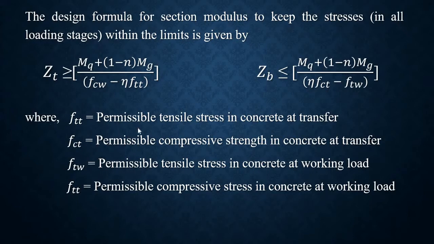We should be familiar with these terms while solving the flexure problems, where FTT is permissible tensile stress in concrete at transfer, FCT is permissible compressive stress in concrete at transfer, FTW is permissible tensile stress in concrete at working load, and FCW is permissible compressive stress in concrete at working load. These are the terms we should know.